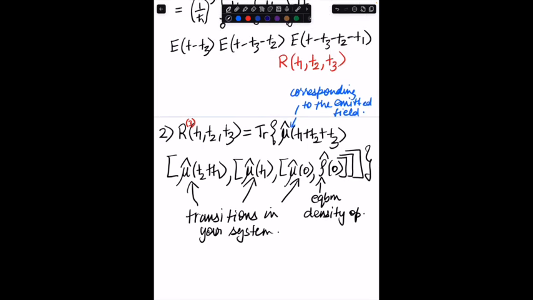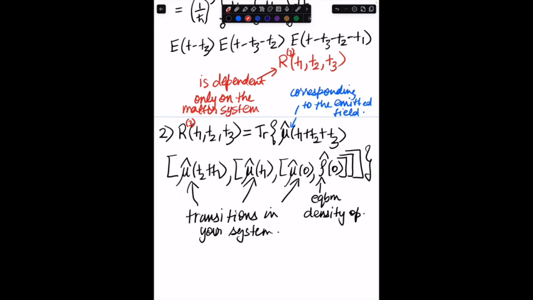Before I proceed, I would like to mention that this response function, R3, T1, T2, T3, is dependent only on the matter system henceforth.